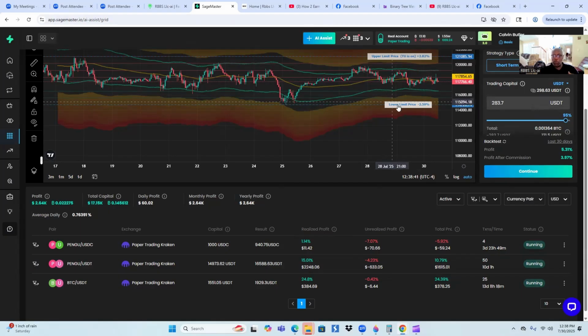So as long as it stays within my lower limit set, it will continue to make small purchases, and then it'll wait for the market to start trending back up, and when it does, it'll start cashing out. So yeah, that's it. Right now I'm averaging somewhere close to about $301 per day.